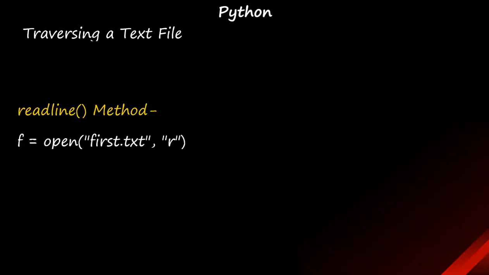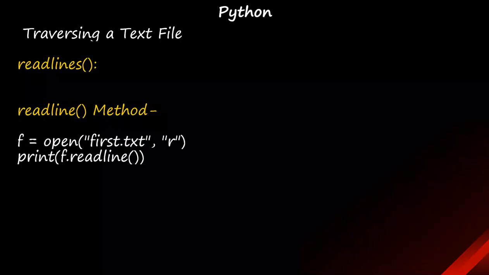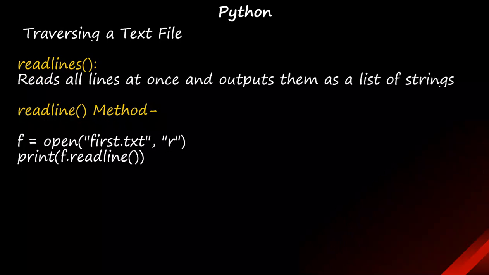So open a file, the file name is first.txt, in read mode, and then f.readline. This will read a whole line from the file, not a character. Similarly, the other function, readlines, will take all the lines. It reads all the lines at once and outputs them as a list with a print function.